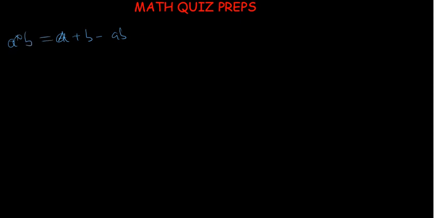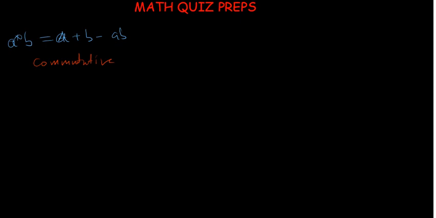All right. So we have got A star B is equal to A plus B minus AB. Is this associative? Is this commutative? First, let's start with commutativity.